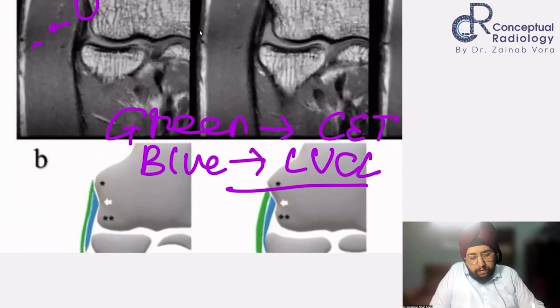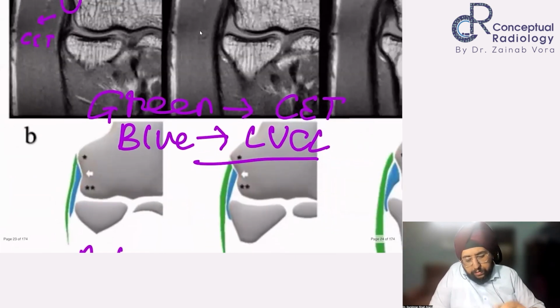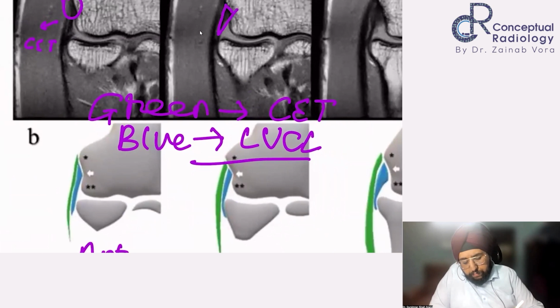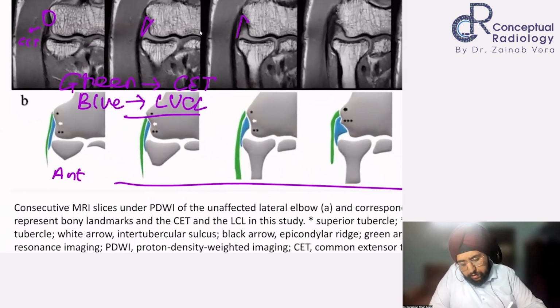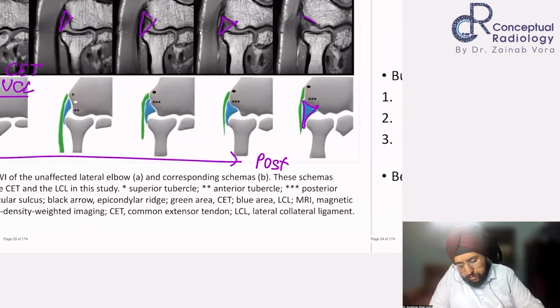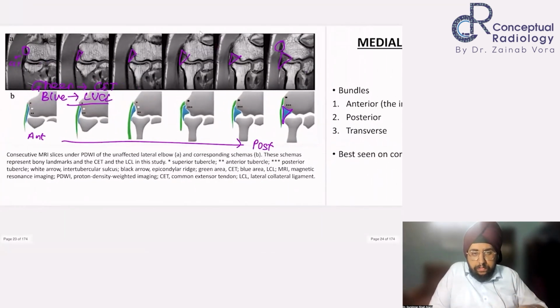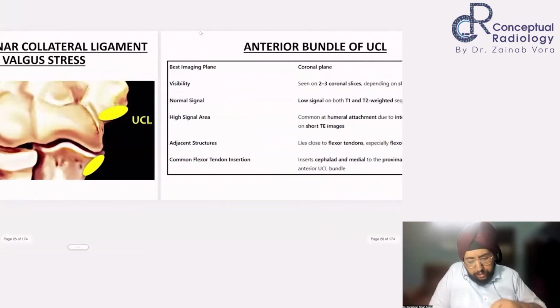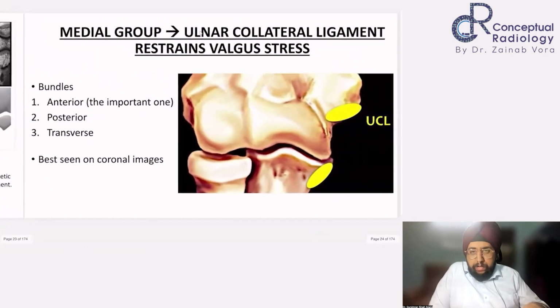Most of the fibers are of common extensor tendon origin. As you start moving posteriorly, this triangular area keeps on increasing, and a very minimal part of the common extensor tendon origin remains. Again, this is best seen on 3 Tesla images. So that was all about your radial collateral ligament complex.